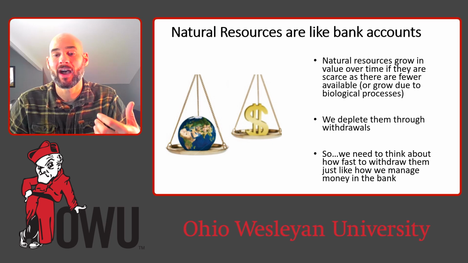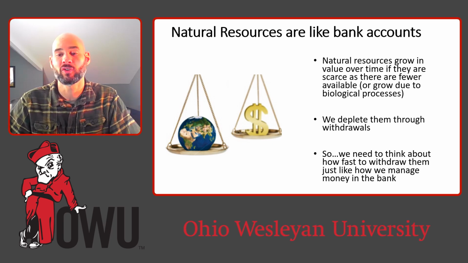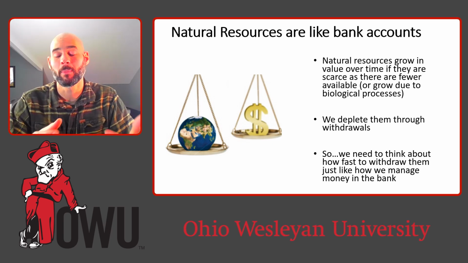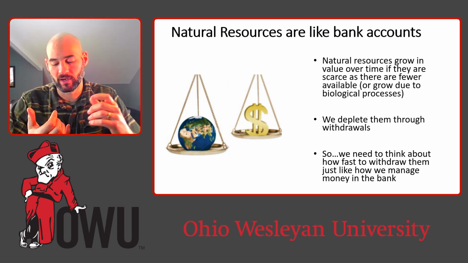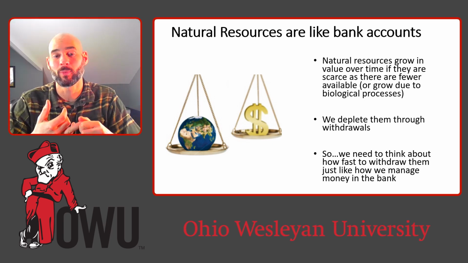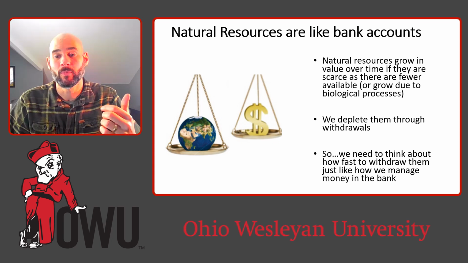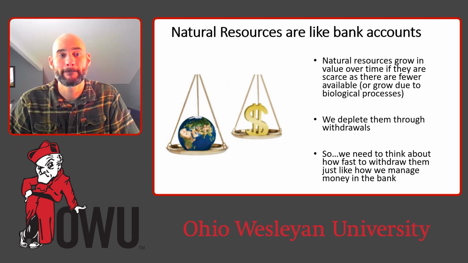And we need to think about how fast to withdraw those natural resources, just like we would think about how quickly we withdraw money from our bank accounts, except that instead of the rate of replenishment of the resources being our deposits or interest rates, we're going to think about the rate of replenishment as being due to natural or biological processes or replanting.